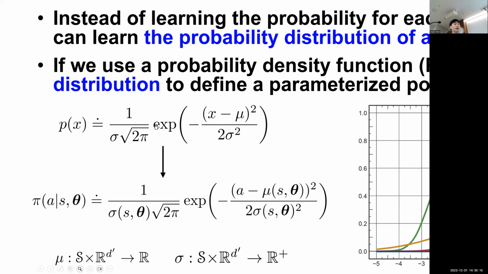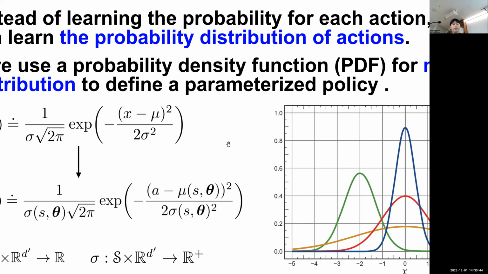So this is a normal distribution, the Gaussian distribution. Then we can easily expand this policy pi parameterized by theta, and we have the sigma and the mu. Mu will decide the mean, and sigma will decide the variance or deviation.